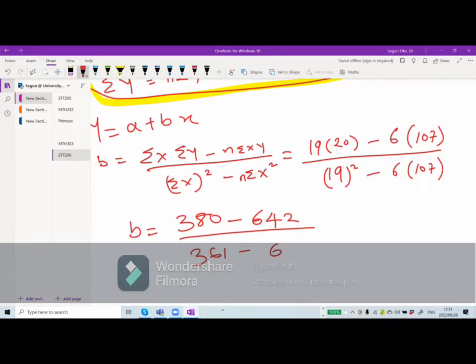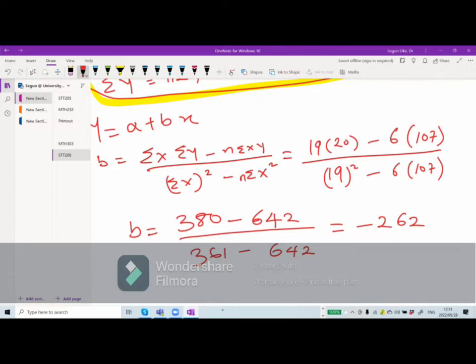Minus 642. So when you deduct this, 380 minus 642, what do you have? Minus 262. Don't mix it together.